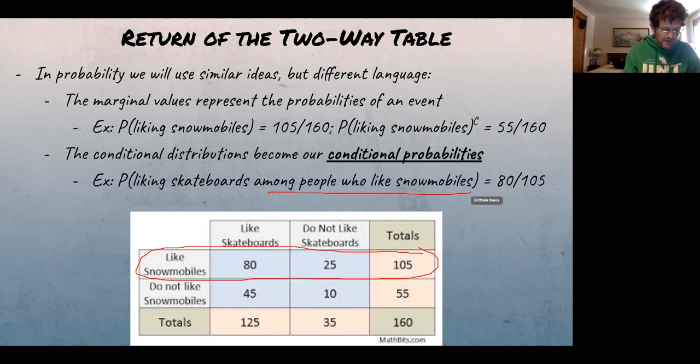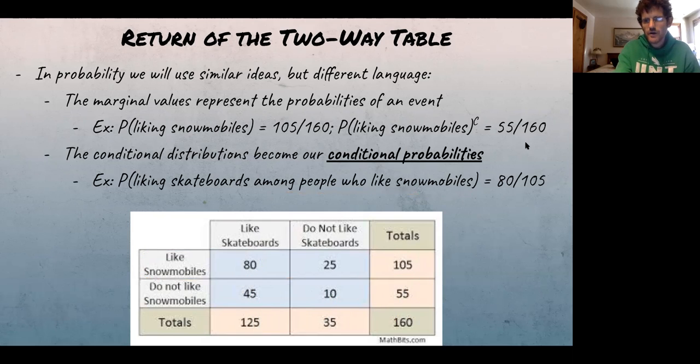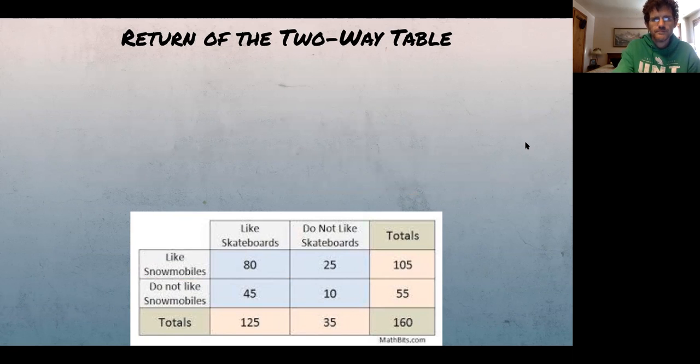So it's 80 out of 105. And we don't care about any of these other numbers when we're looking at that conditional probability. So in a sense, you've already been exposed to this, but now we're making it very explicit.